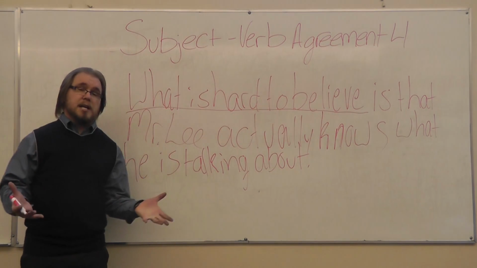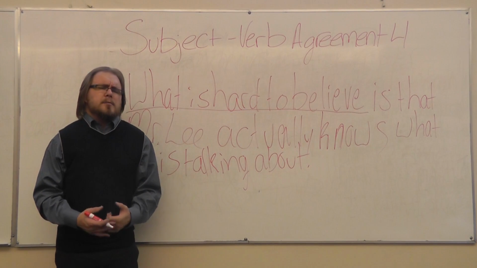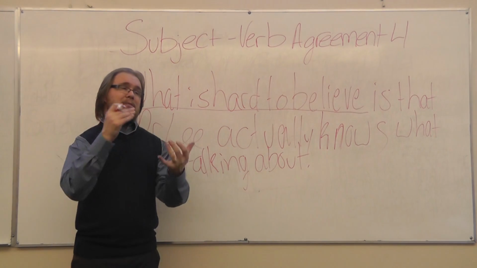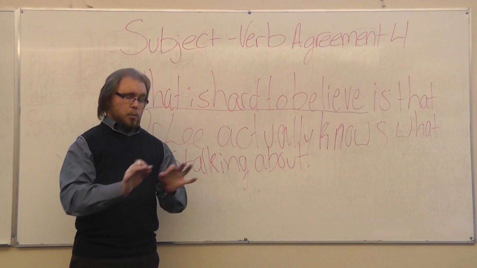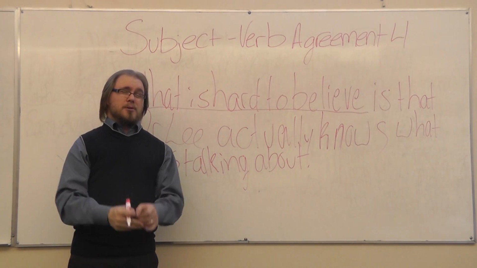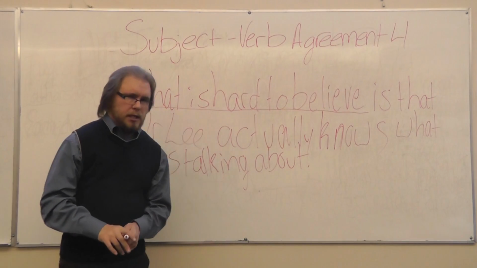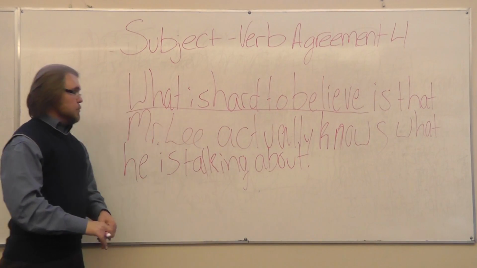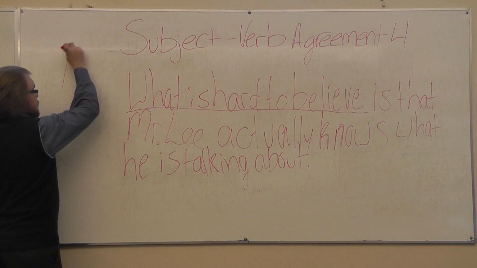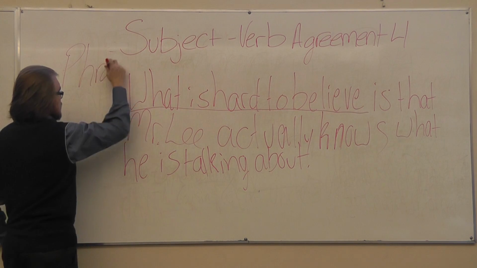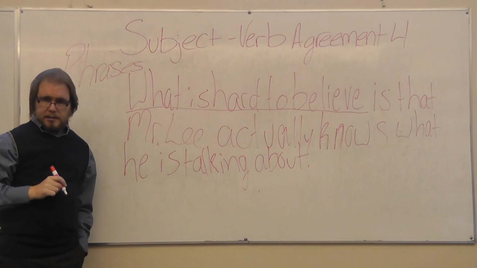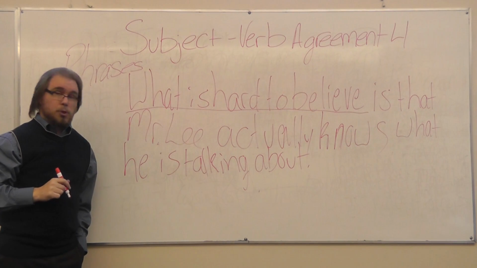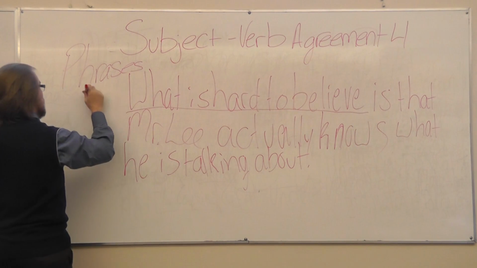We had the collective nouns, like herd, or team, or class, or jury, and they are singular or plural based on whether they are working together or whether they are splitting up and working individually. Our second one was phrases or clauses, both of which, by the way, are collective nouns because they are names for groups of words.